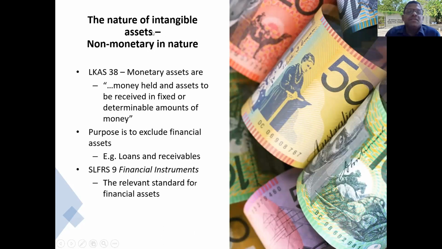Of course, the nature of intangible assets. We are trying to understand the monetary and non-monetary story. When you say monetary assets, monetary assets are money held and assets to be received in fixed or determinable amounts of money. The purpose is to exclude financial assets.